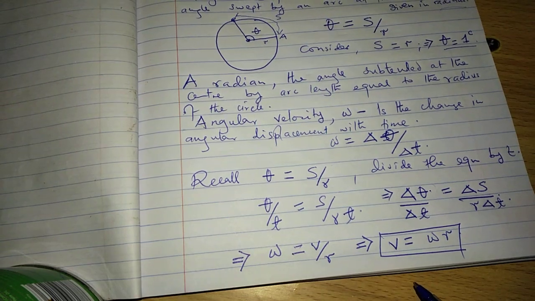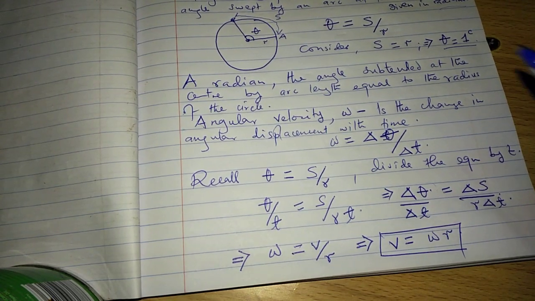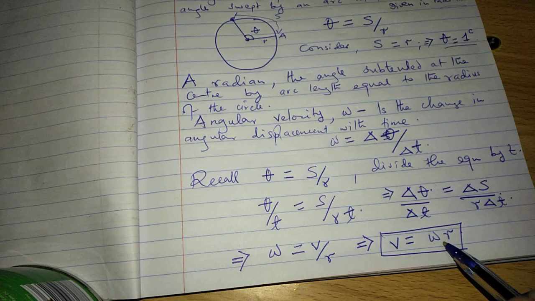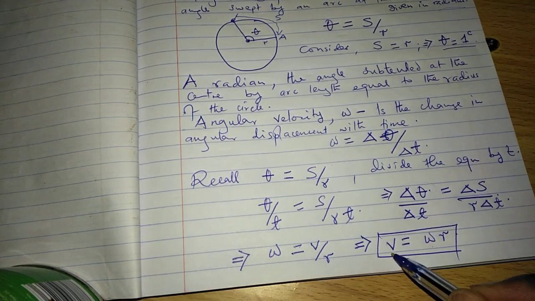In this derivation, we are just realizing that a body in a circular path possesses both angular velocity and linear velocity.